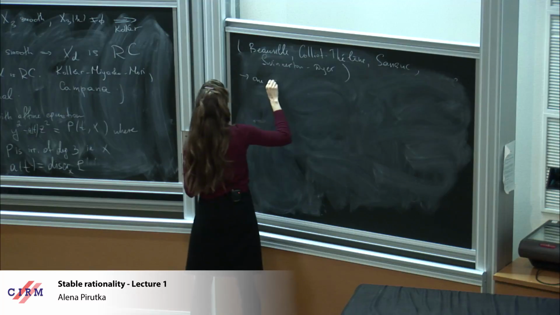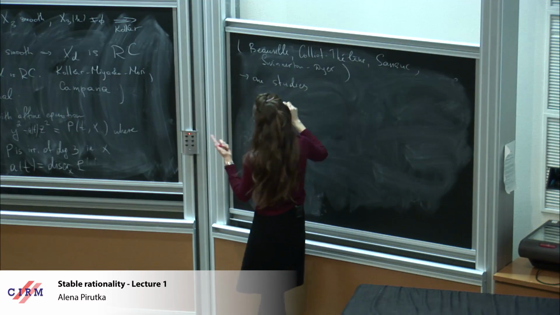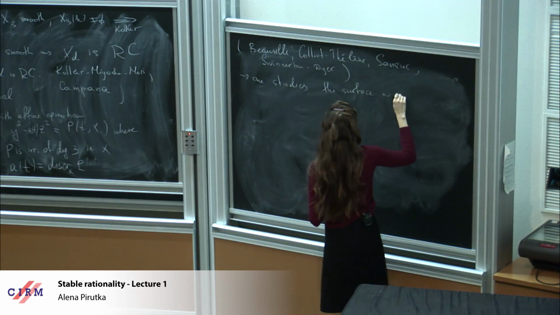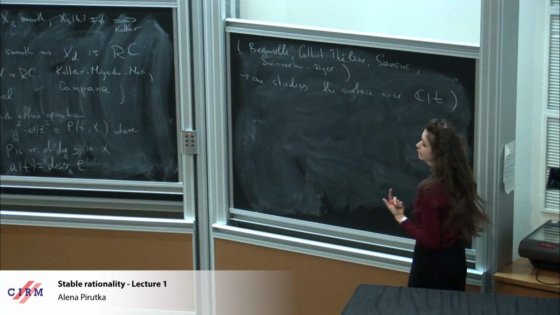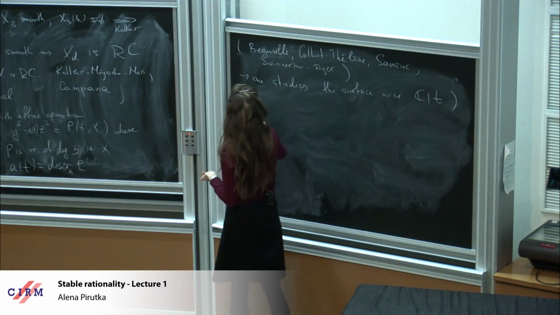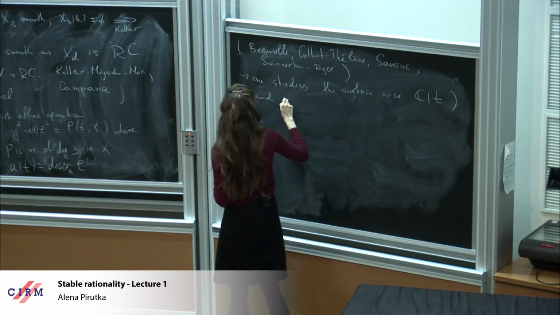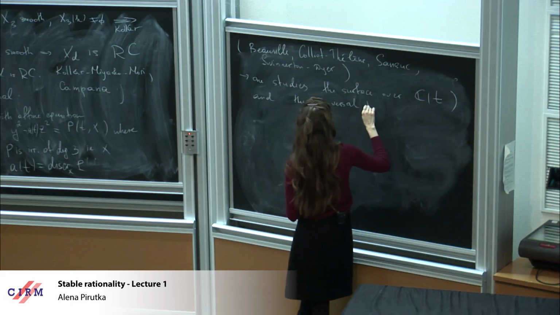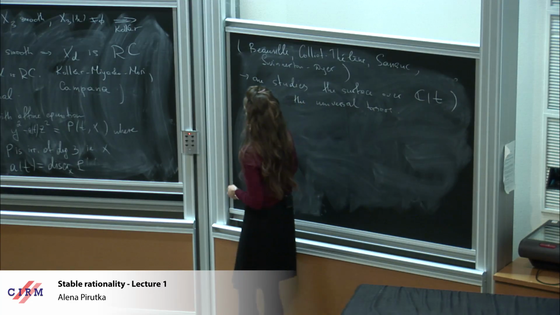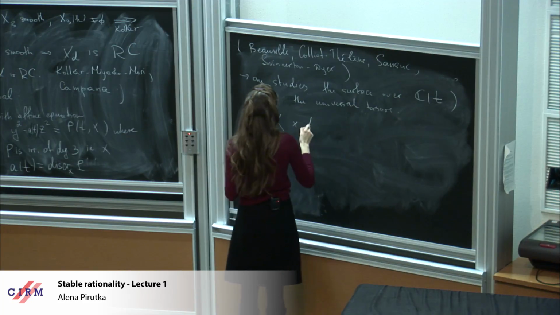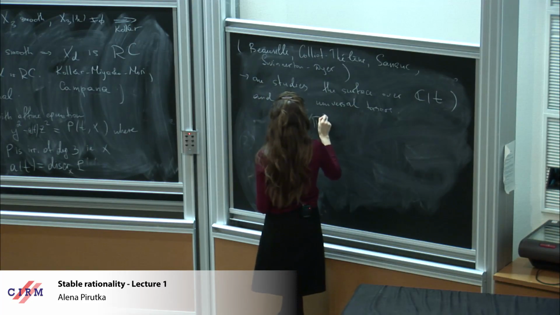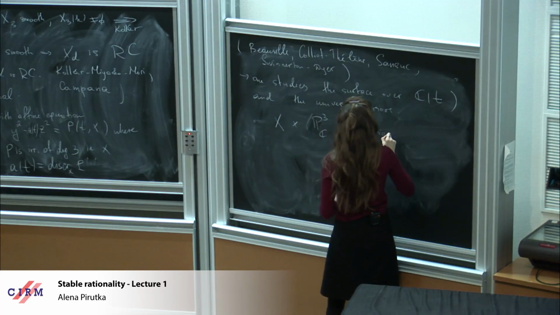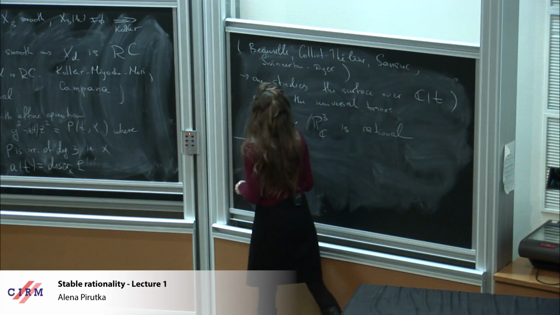So one studies the surface over this field, defined by the same equation, and the universal torsors on this surface. And actually, what one gets is that X cross P3 is rational. Okay.